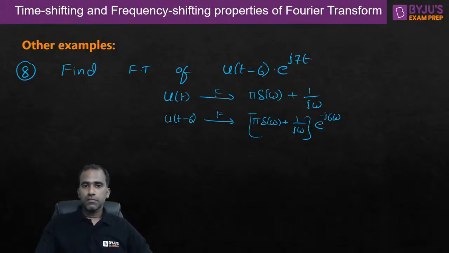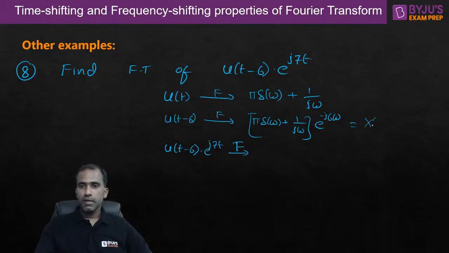Next, for this function, we are multiplying with a complex sinusoid. When you multiply this with a complex sinusoid, what happens? If this is X of omega, then this becomes X of omega minus 7.